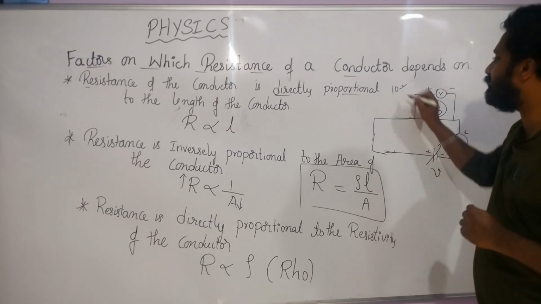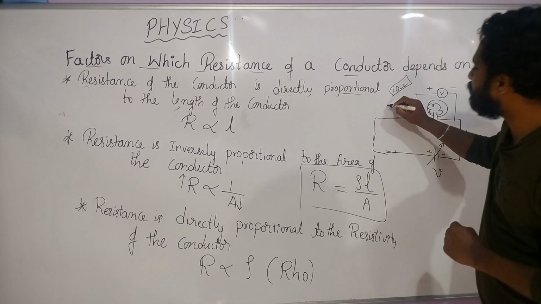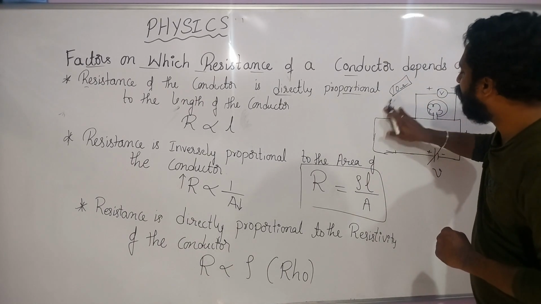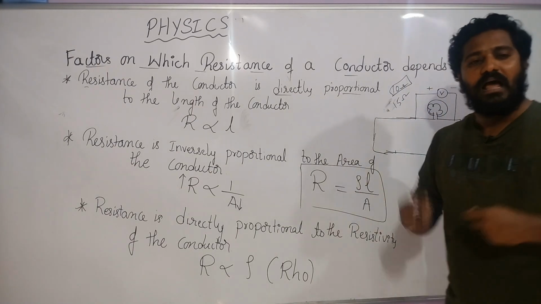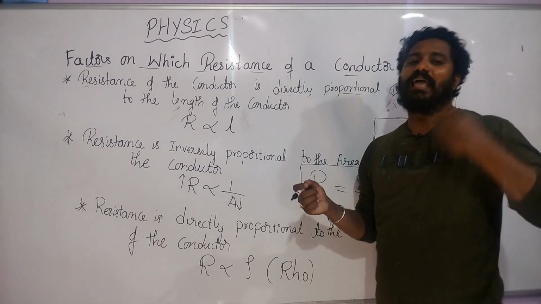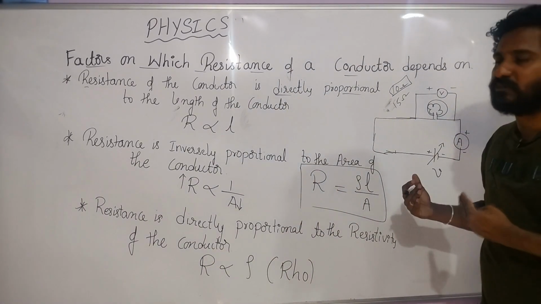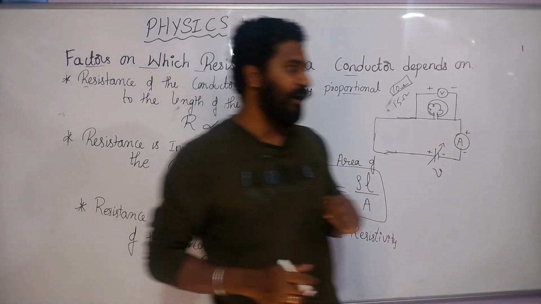Then what happens to the resistance? Resistance will not remain 10 ohm; it will be more than that, maybe 15 ohm or 20 ohm. As the length increases, resistance also increases. As the length decreases, resistance also decreases. This is one of the factors.